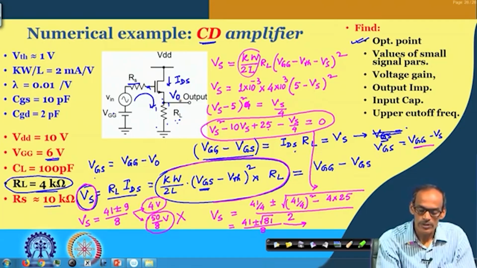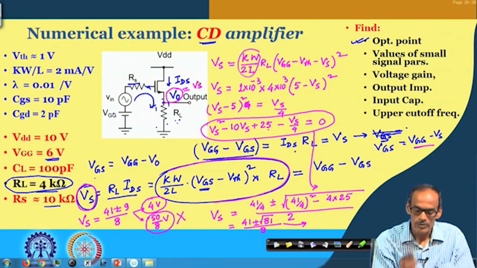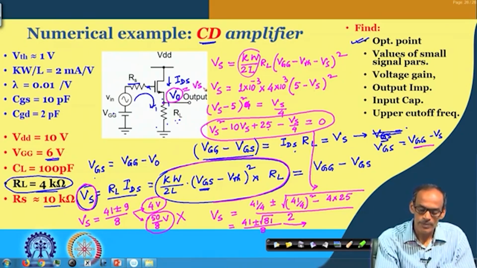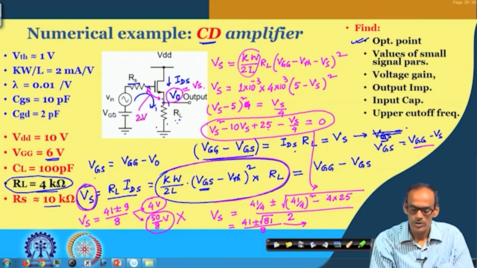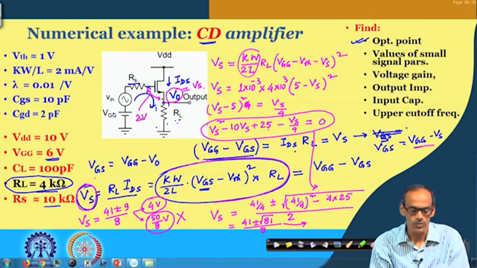If I consider V s, the voltage here, which is the same as the source voltage V s, if V s is 4 volt and we have 6 volt, the voltage drop here is 2 volt. So that gives us V g s equal to 2 volt.